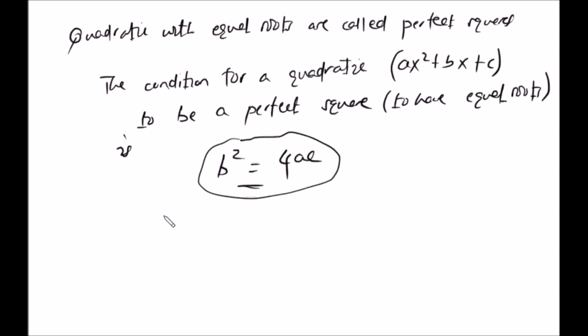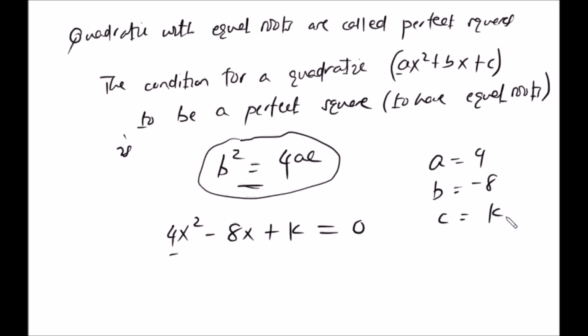Sasa sisi kwenye swali tumepewa quadratic hii hapa, 4x squared minus 8x plus k sasa na 0. So tumeambiwa find the value of k if this equation will have equal roots. So you can see here our a ni 4, b ni -8 wakati c ni nani? Ni k.